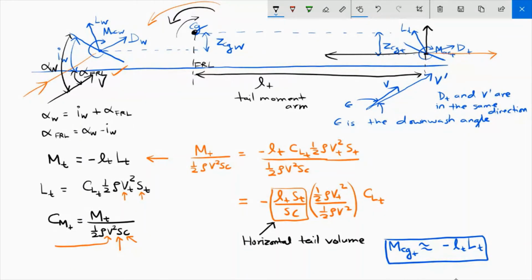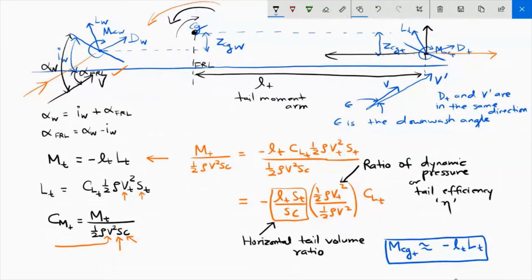And as you can see, the term inside these curved brackets is the ratio of dynamic pressures. And this is also known as the tail efficiency. It is denoted by eta. Okay, so you should call this eta.